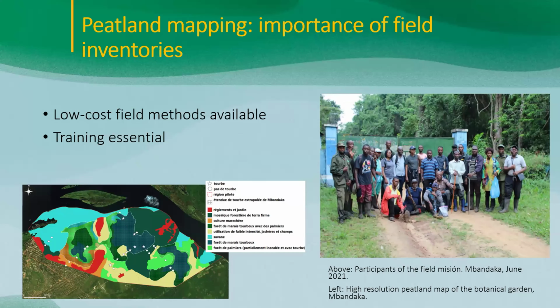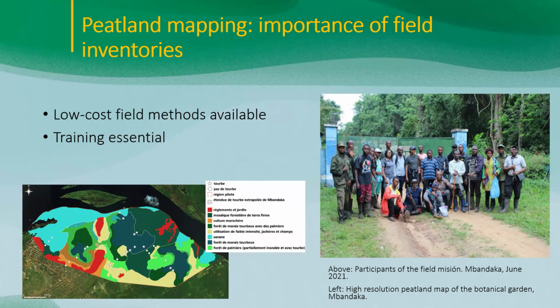So just to come back a little bit on the importance of the field inventories, this is not something that can be learned from online courses. We would very much recommend organizing a lot more field inventories and training people, like here we've done with US Forest Service in DRC, and doing transects, following the guidance, but learning those basic skills and also analyzing the soil sample in laboratories.